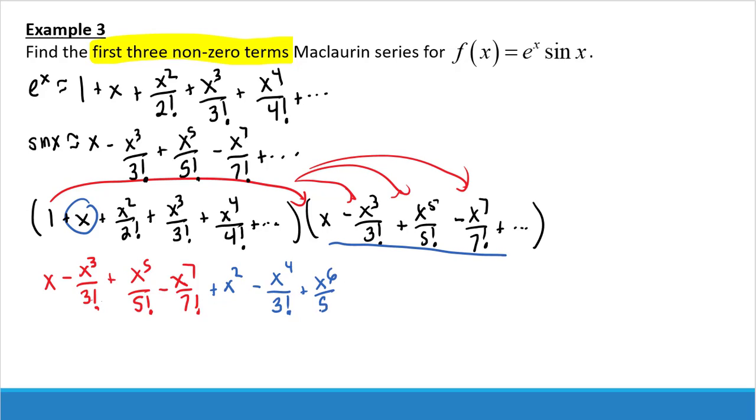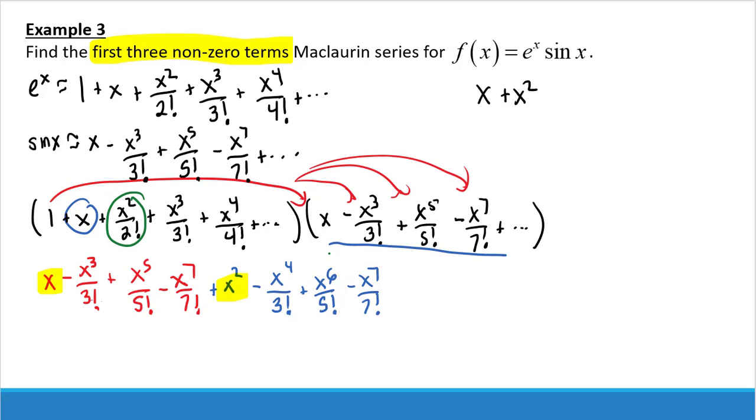Okay, so just looking at this right now, I notice I have an x term and an x squared term. So I know that my final answer is going to have an x plus an x squared. I know I have an x to the third here, but I'm going to keep going through and multiplying, because when I multiply this term times everyone here, I'm going to have some x to the thirds and some additional terms I'm going to need to combine.